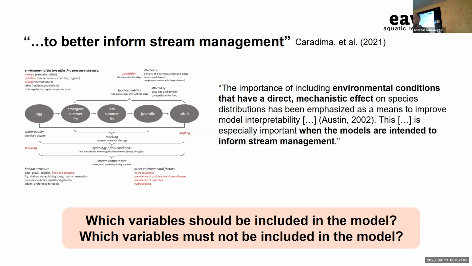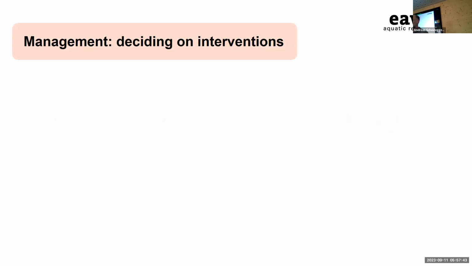If you really think about what management is about, I came up with this definition. I think this is probably not universal, but management at the core is basically deciding what we want to do. So deciding if you should pay the farmers to use fewer pesticides, if you should remove barriers for the fish, stuff like this.